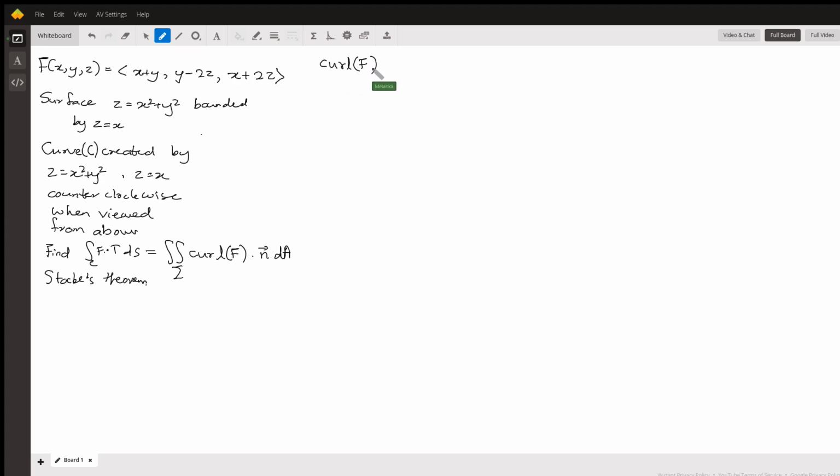The curl of F is basically a determinant. So these are the components i, j, k, and then we write down the partial derivative with respect to x, the partial derivative with respect to y, and the partial derivative with respect to z. And we write down these components: x plus y is the i component here, and this is the j component, and z and k, x plus 2z.